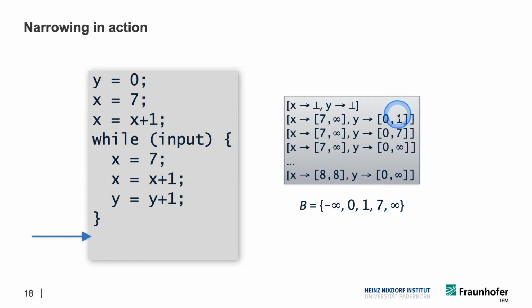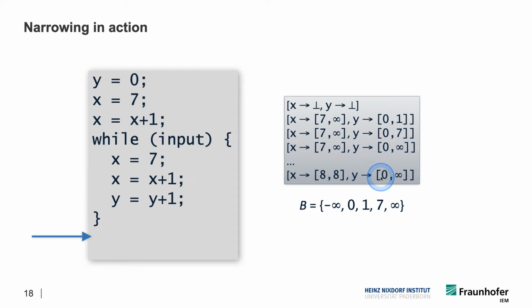And for y, after 3 iterations, we would be obtaining this interval here from 0 to infinity. And we already saw that this is not optimal, right? Because actually what we would like to achieve is such a more precise solution here where we retain this information that x actually carries the constant value 8. And for y, the value is actually okay, right?